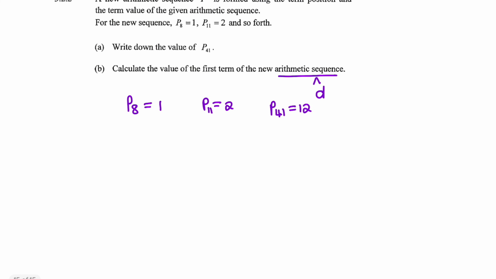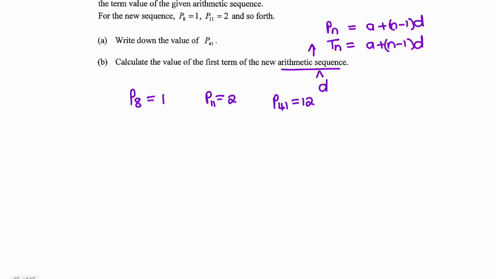So if our rule for an arithmetic sequence is Tn is equal to a plus n minus 1 d, and we replace T with P, then Pn is equal to a plus n minus 1 d. And with this information, they want us to calculate the first term, so we need to find the a value.